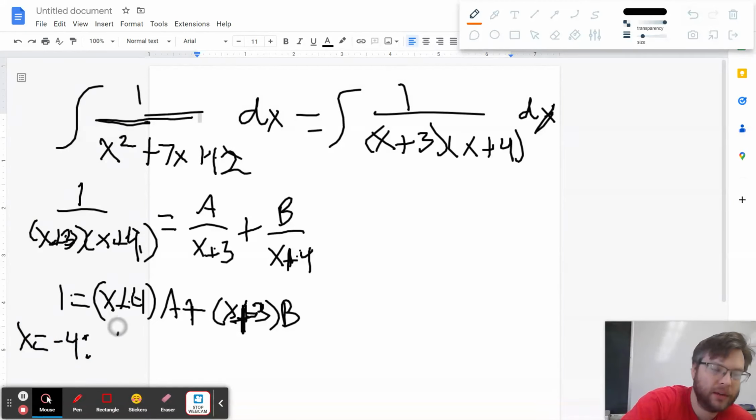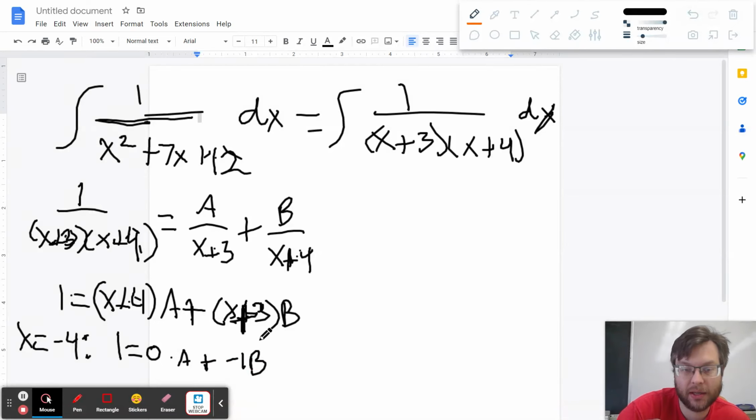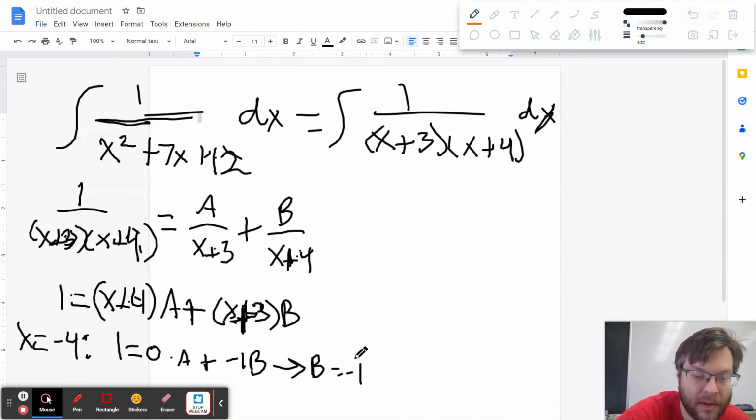If x equals -4, I have 1 equals 0 times a plus -1 times b, so b is equal to -1. You're allowed to do this because you want an expression that's true for all x values.